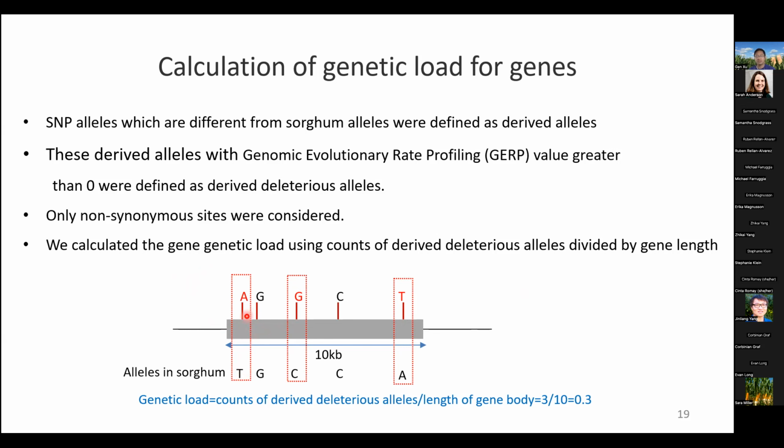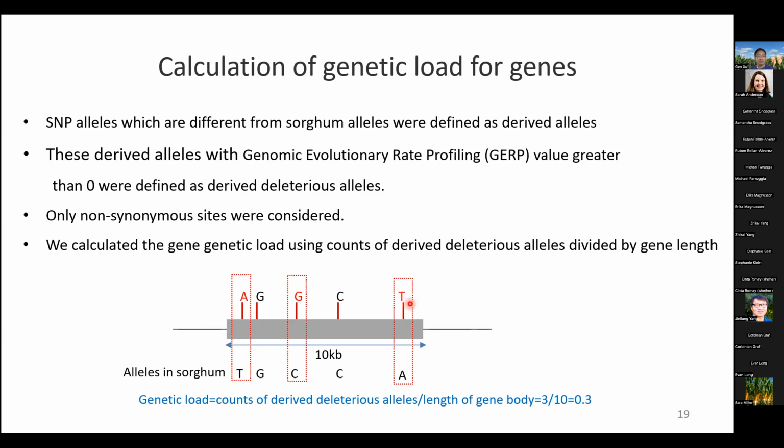Otherwise, it's an ancestral allele, and we only consider the derived alleles. In this picture, you can see there are three alleles, A, G, and T. They are derived alleles.